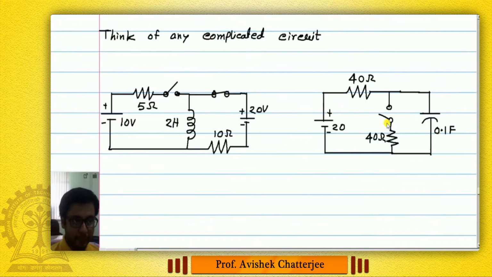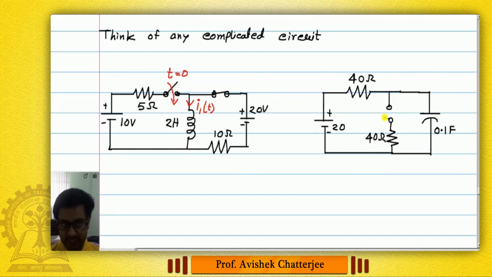So for example, I can say that this switch is closed at time t equal to 0, and you have to find, say, this current, call it I1(t), for time greater than equal to 0.